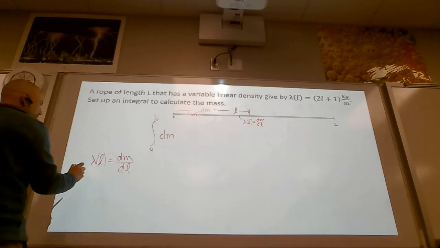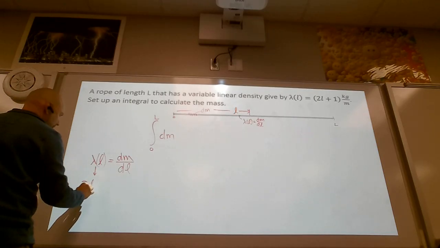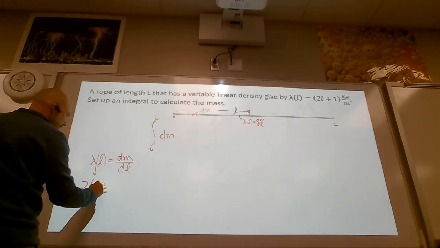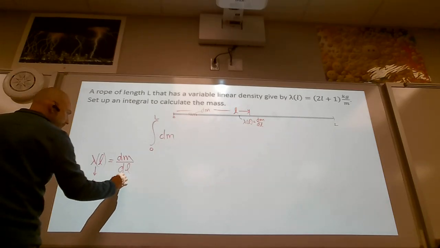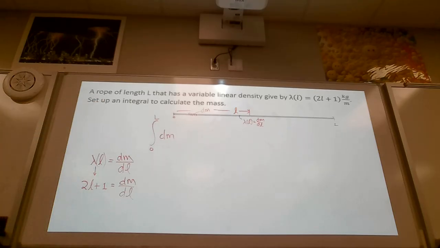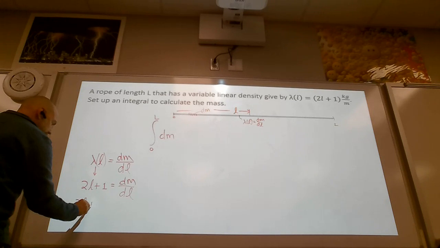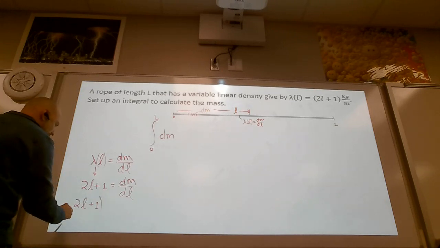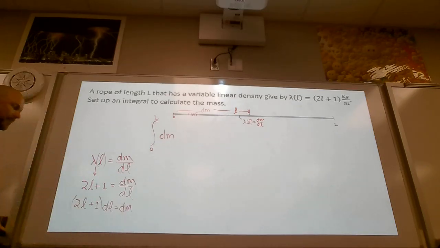So I'm going to substitute then 2L plus 1 equals dm over dl. Substitute that from the problem. And then what I can say is 2L plus 1 times dl is equal to dm.